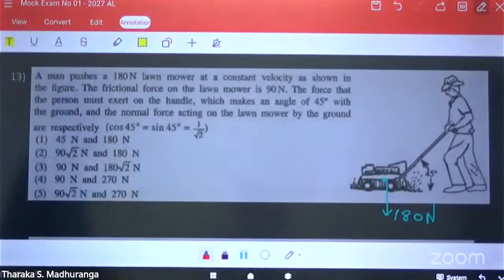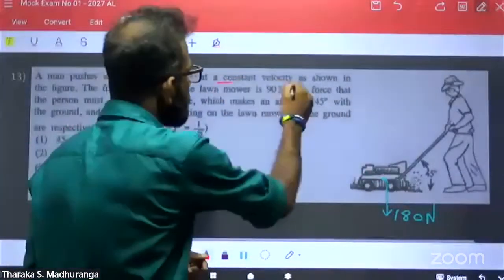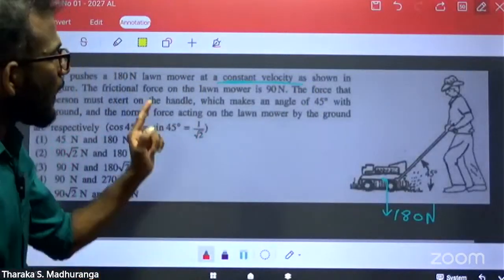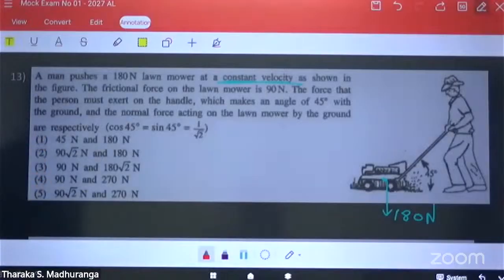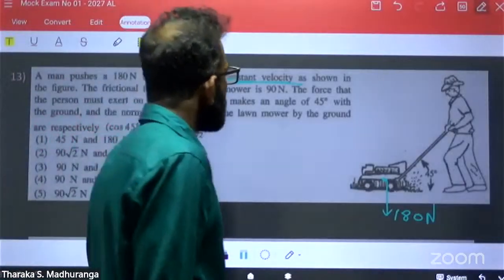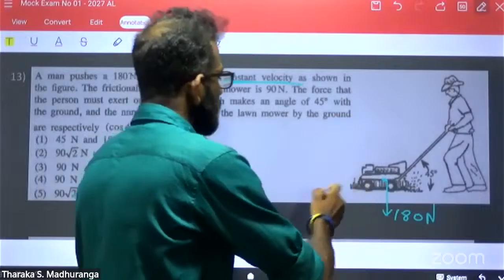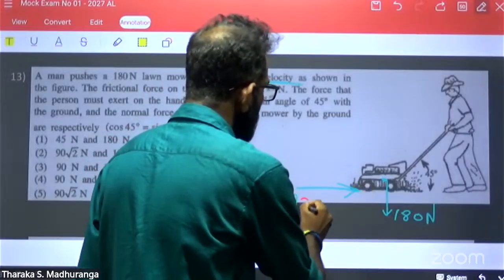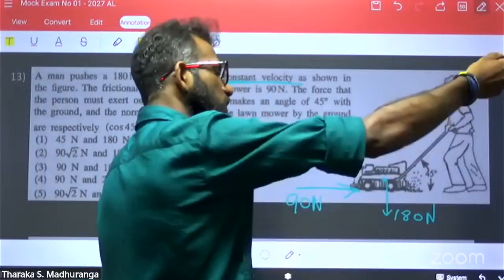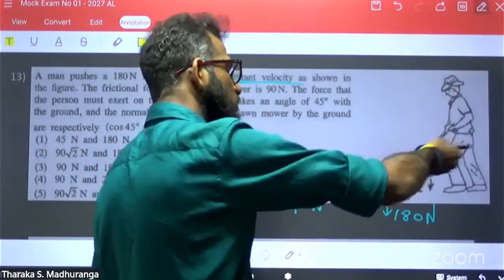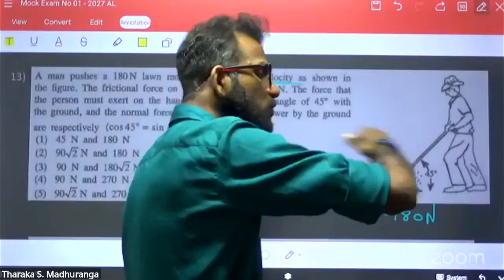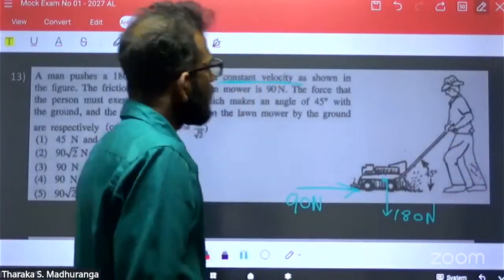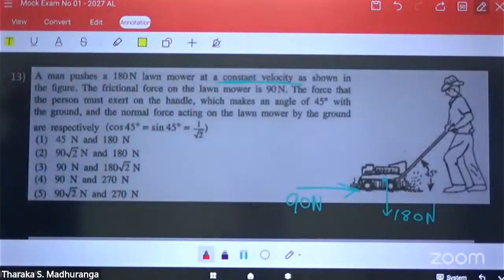At a constant velocity, this is the key point. Constant velocity, as shown in the figure, the friction force on the lawn mower is 90 Newton. That means the person pushed the machine in this direction, and the friction acts in the opposite direction, 90 Newton.